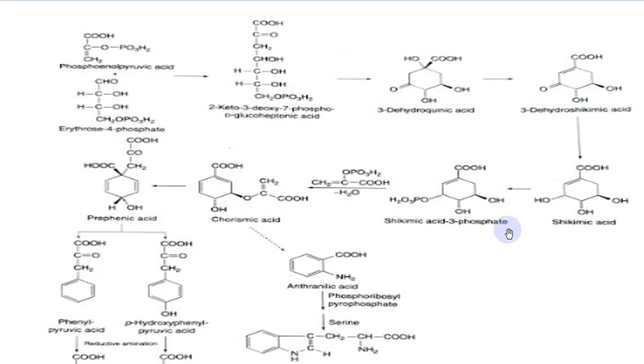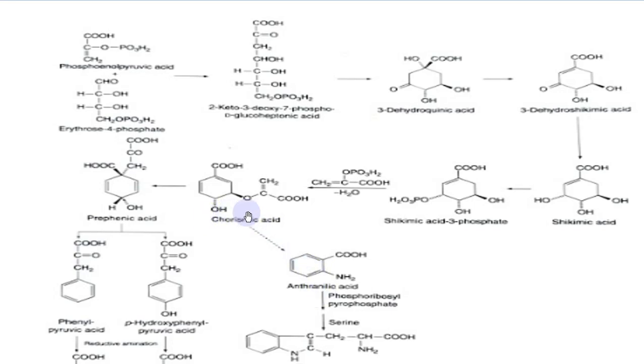This shikimic acid gets phosphorylated at this group to form 3 phosphate, and further again with phosphoenol pyruvate, it gets converted to chorismic acid. So here chorismic acid sets a path that it may go to the formation of prephenic acid. You can see the changes over this group, or it may lead to the formation of anthranilic acid.